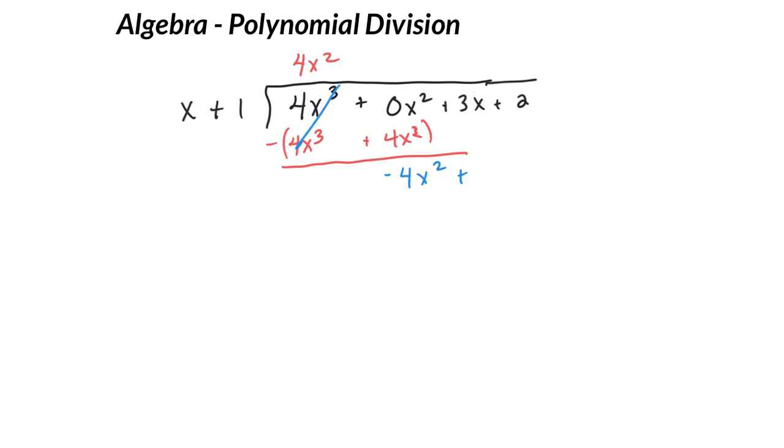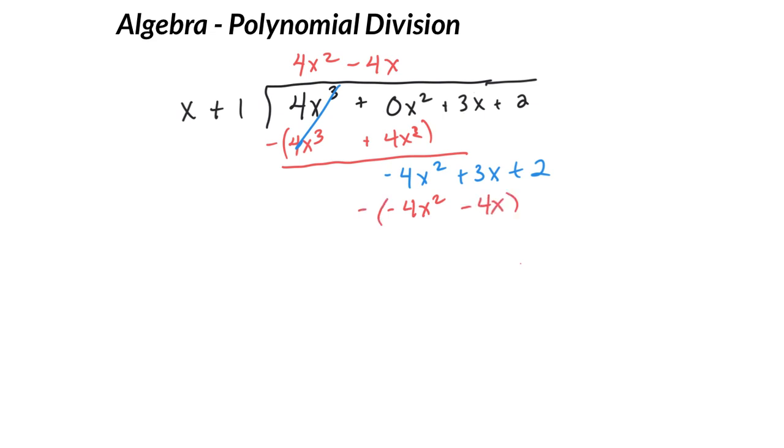I'll bring the rest down as it appears. All right, negative 4x squared divided by x. Well, that's negative 4x. Negative 4x times x, negative 4x squared. Negative 4x times 1 is negative 4x.